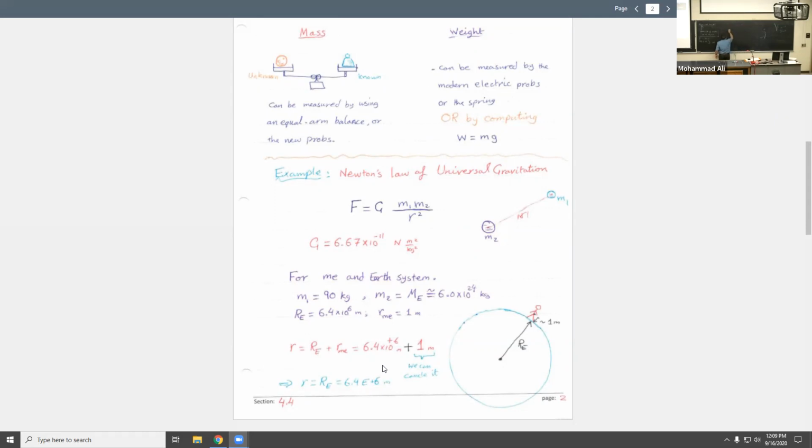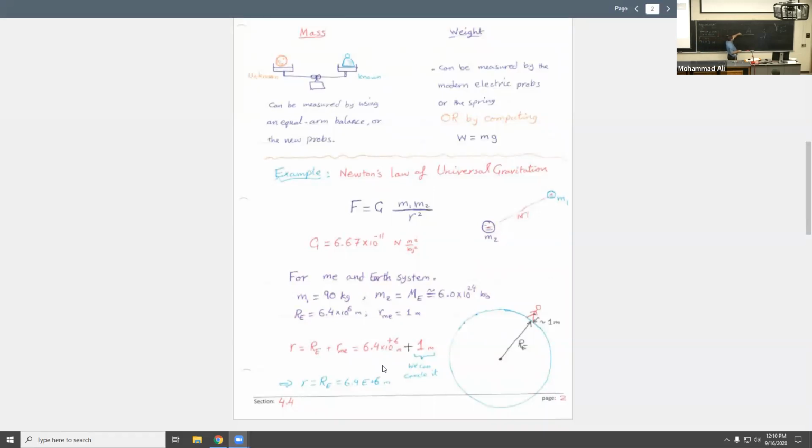If we have an unknown mass, M is unknown, and we have another mass which is known, for example, 1 kilogram.